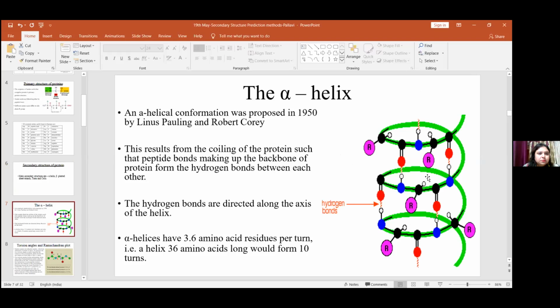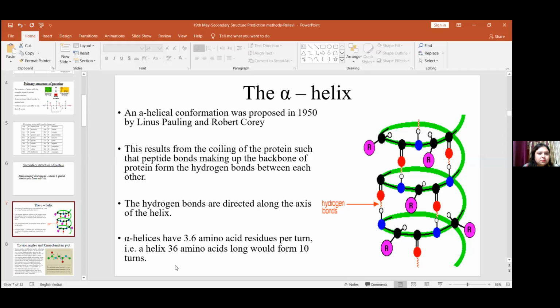R is the side groups, alkyl chains which are hanging out. So alpha helices are the spiral shaped structure in which there are around 3.6 amino acid residues per turn. If I assume that I had i amino acid, so i plus 3, third amino acid is going to be linked with that ith amino acid by means of hydrogen bonds.